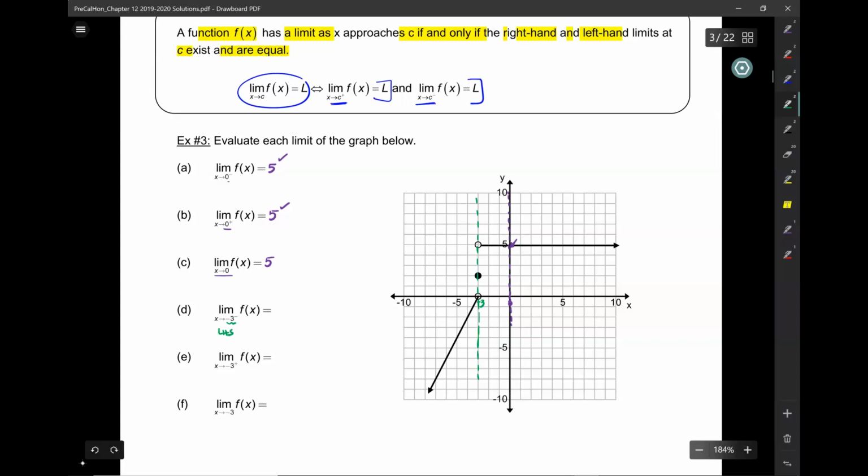Where is the graph immediately to the left of that imaginary line? Immediately to the left of it here, there is nothing. But here, immediately to the left of it, there is a graph right there, and that has a value of 0. Now, when I say immediately to the left, I mean immediately to the left.